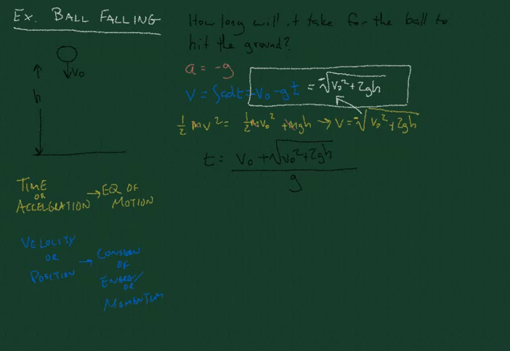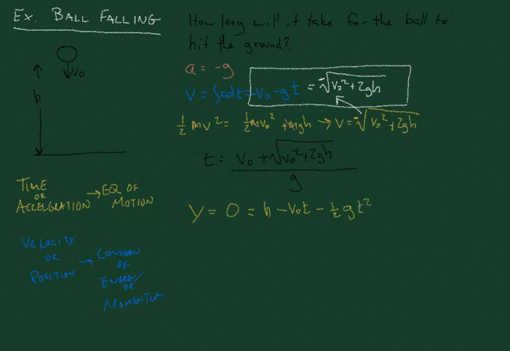Now let's notice that we could have gotten the same exact thing if instead of using conservation of energy, we could have said that y is equal to 0 at the end, which is h, our starting height, minus v0t minus 1/2 gt squared.